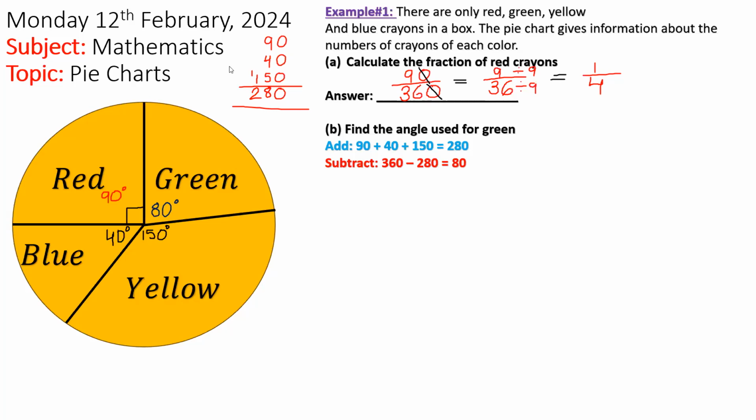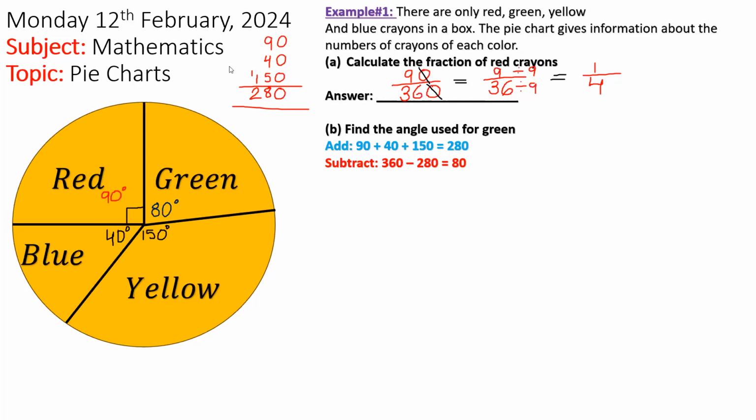Tegan, can you explain how we got the angle used for green? The question is, find the angle used for green.